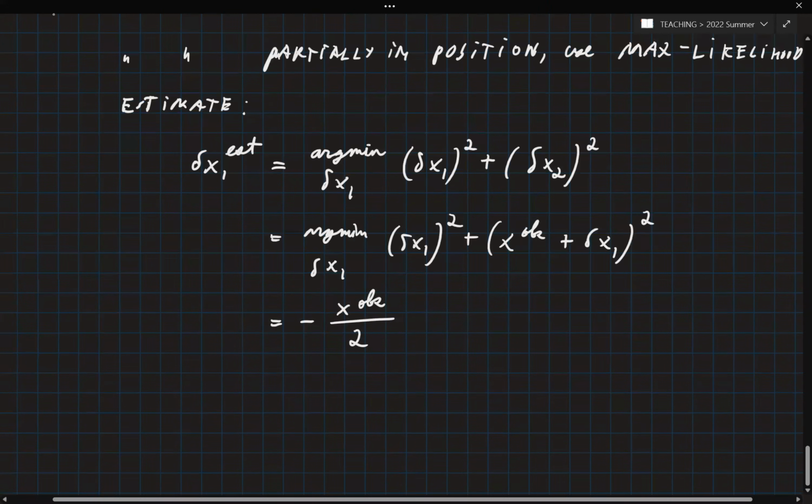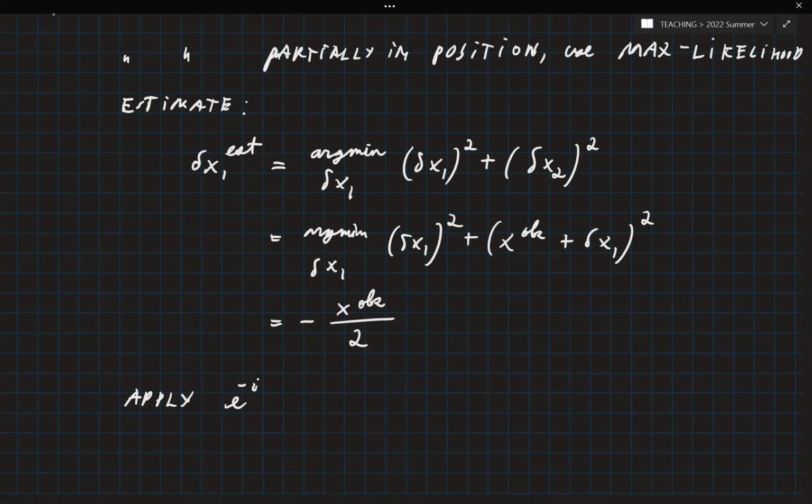And then we apply a momentum shift on mode 1 by that amount that we estimated.